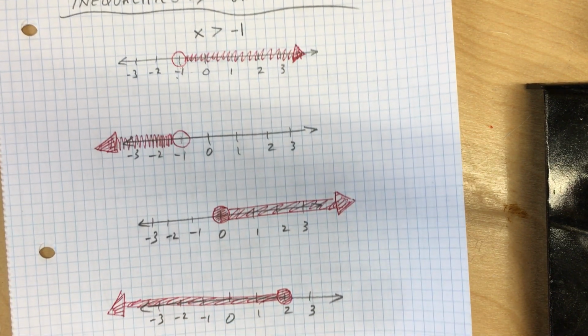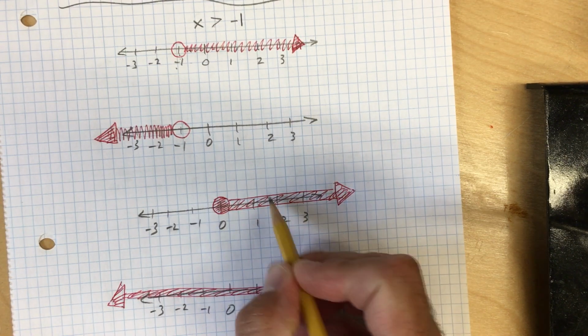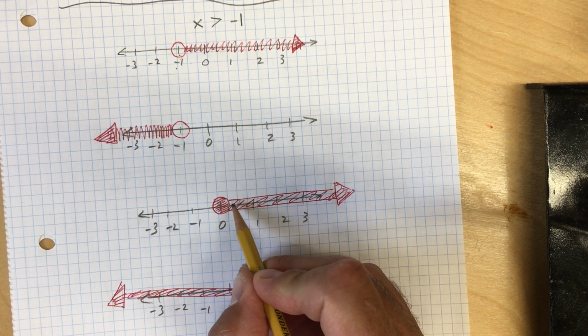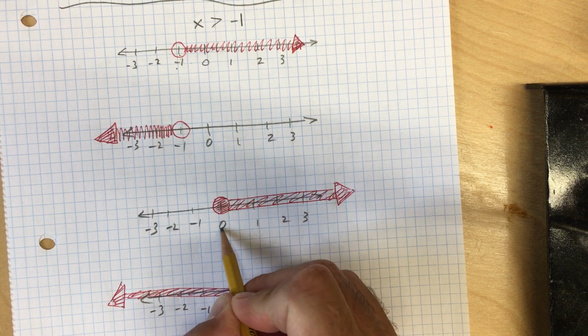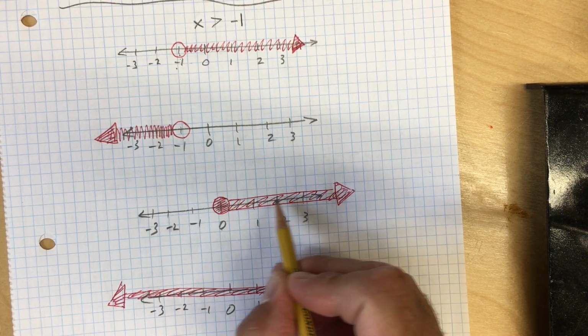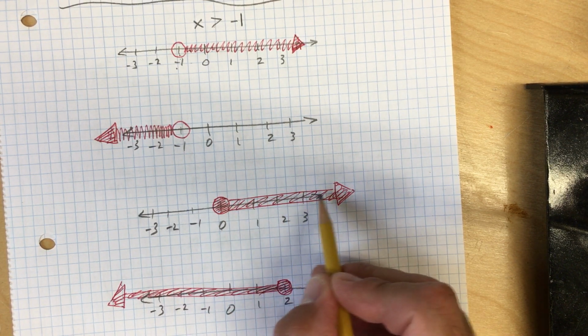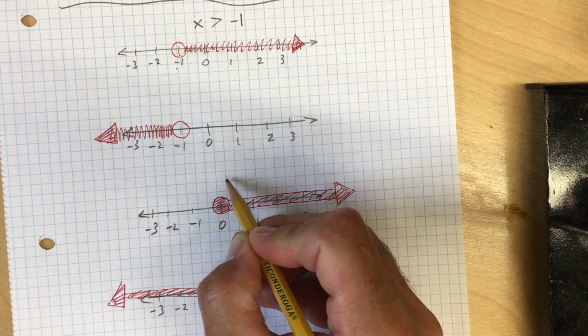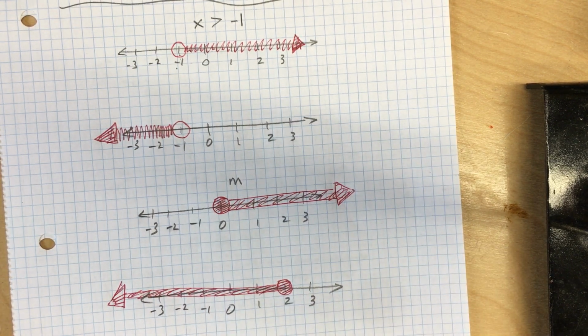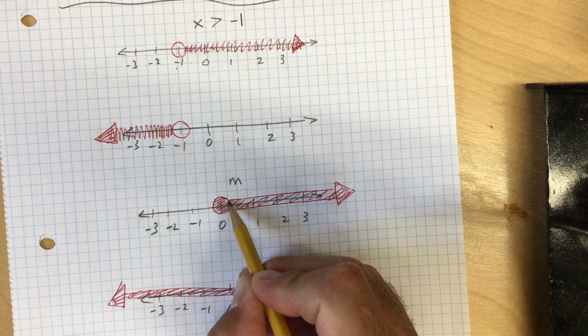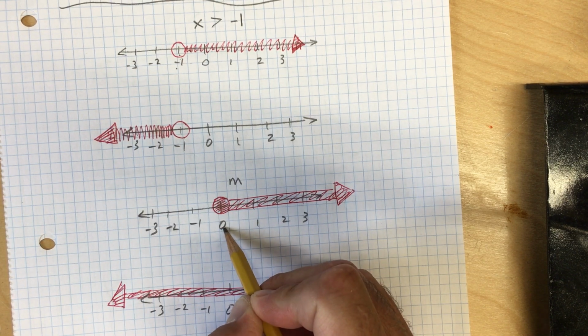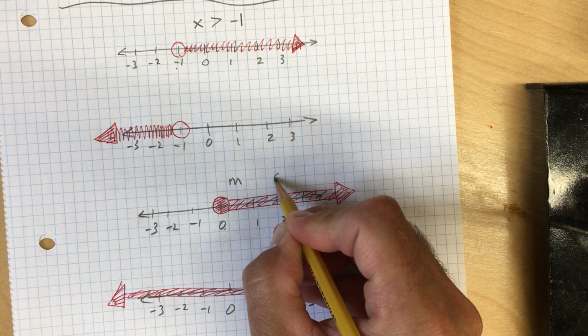Now, let's skip down here to this one. This arrow is covering a whole bunch of numbers. So all of these numbers we're going to represent by a variable. Let's just pick m. And then the circle is over 0.